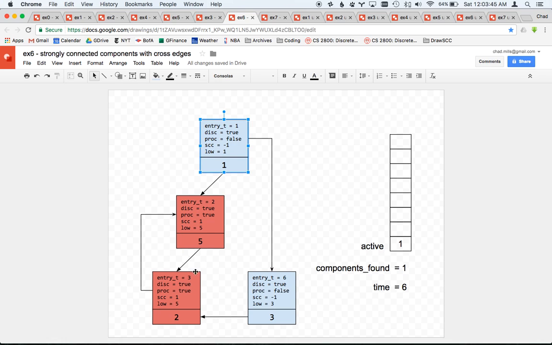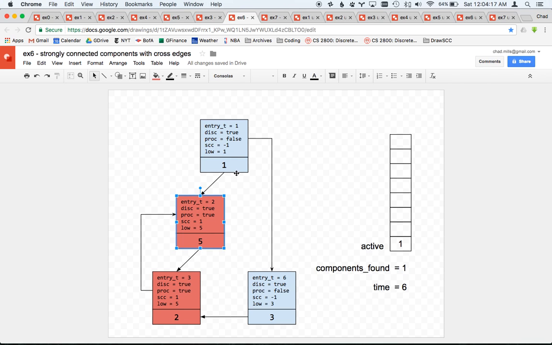Because if it were possible to get from vertex 2 back to vertex 1, then we would not yet have finished processing all of vertex 1's edges, so we wouldn't have known the full extent of the strongly connected component that contains vertex 2 and vertex 1. So we would not have yet marked it as being part of some fixed strongly connected component.